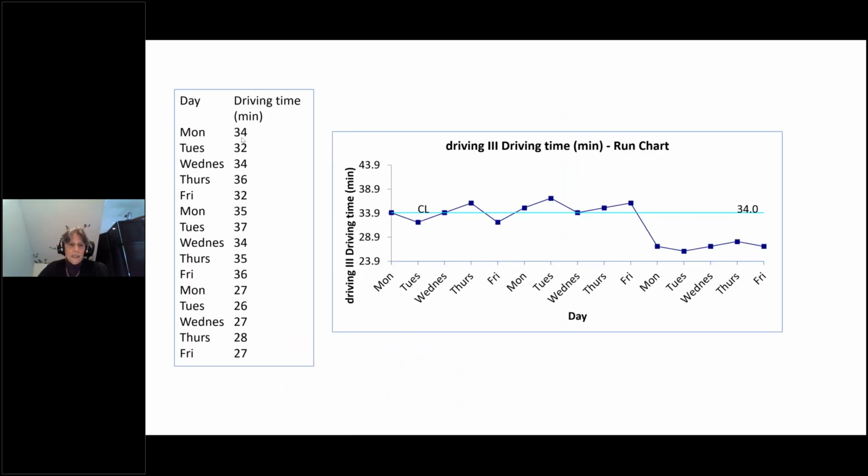So the same data on the left, and what we've done is we've again plotted our driving time on a run chart, and you can see that sure enough, the time to work is decreased significantly in the last week. Well, I'm not using the word significantly in a formal sense, but we're pleased that we're getting to work earlier, or maybe sleeping in a few minutes later. Could be before COVID and after COVID.